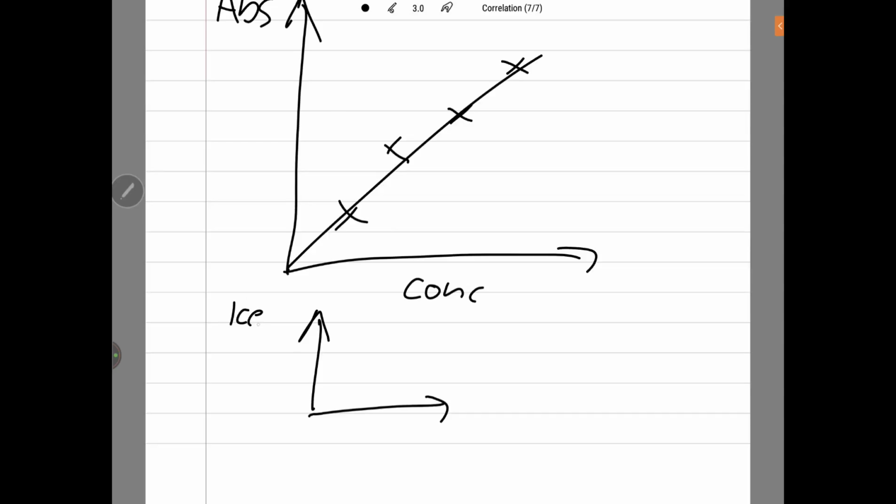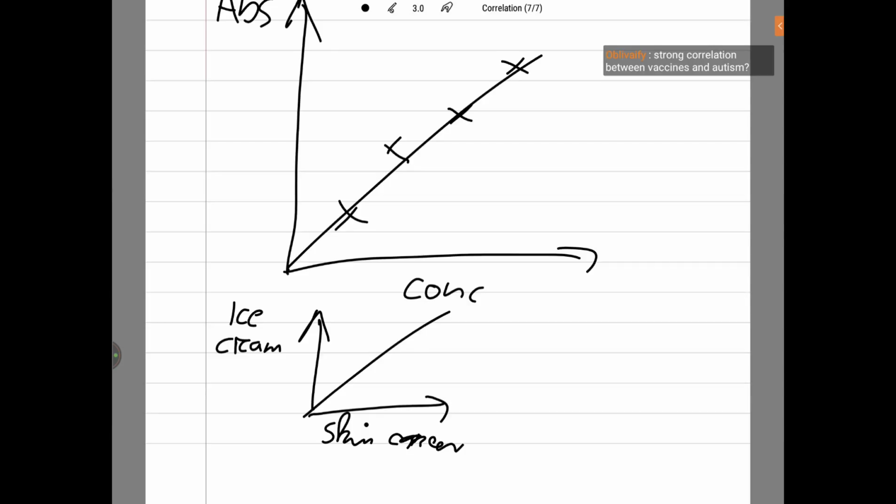Ice cream sale and skin cancer. And it goes like that, positive correlation. How do you explain that? Ice cream is bad for you, right? It causes skin cancer. Or you can turn that around and say, right, people who suffer from skin cancer eat more ice cream.